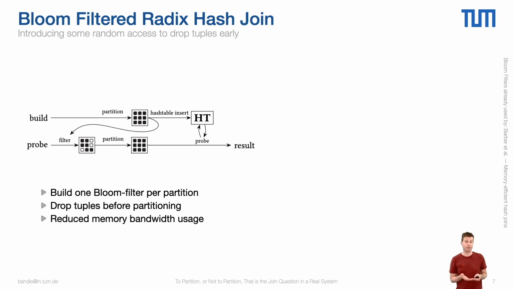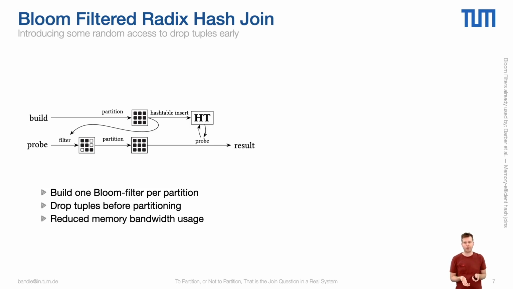We are doing that by building 1 register-block Bloom filter per partition. Afterwards, when we have done that for each of the build side's partitions, we can test the Bloom filter before we partition the tuples in the probe phase. That means we first access the filter to see whether a tuple could qualify, and drop the tuple if not. If it could qualify, we partition it.